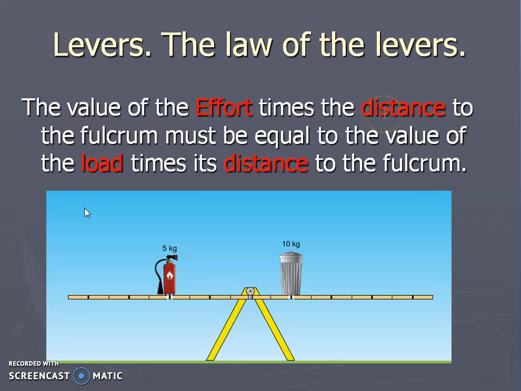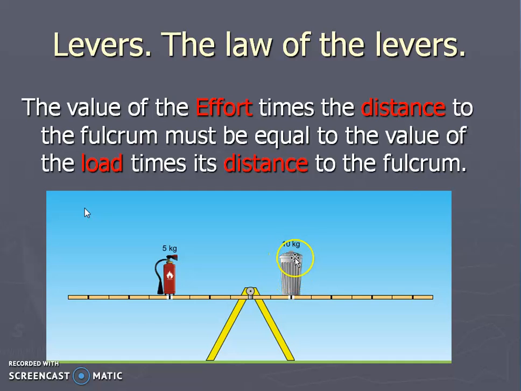And the last item to cover regarding levers is what we call the law of the levers, where we have that the value of the effort times the distance to the fulcrum. Imagine that this one is the effort, and this one is the resistance to overcome.